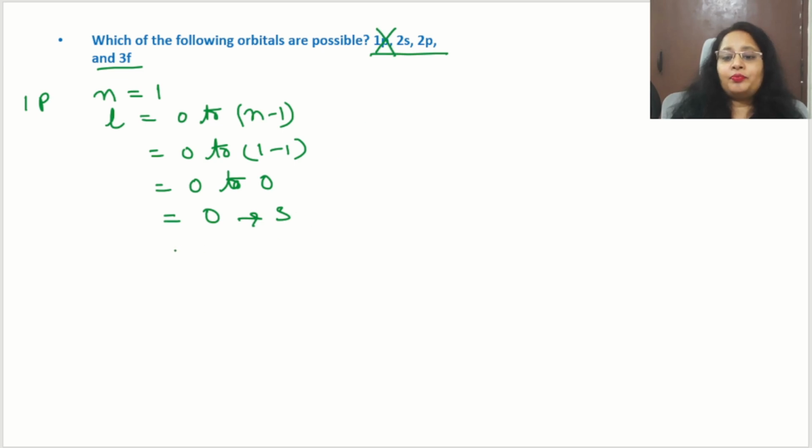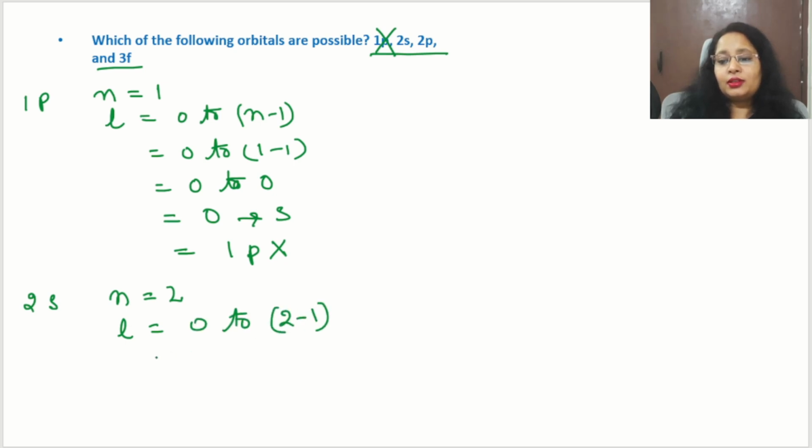We can say 1p is not possible because 1 always comes with s. Now come to the next, 2s. Again 2 denotes n is equal to 2. For this, l's value is 0 to 2 minus 1, that is 0 to 1.